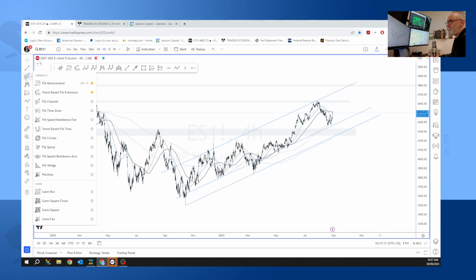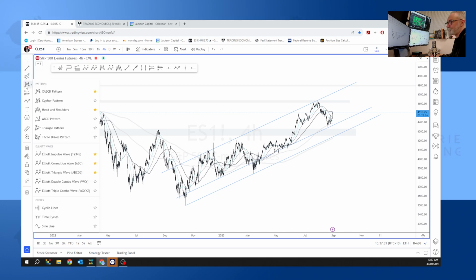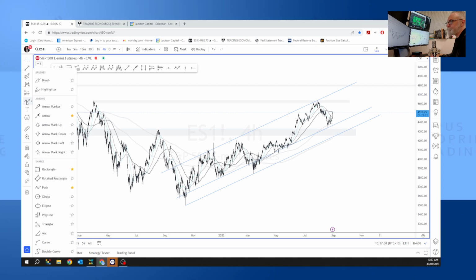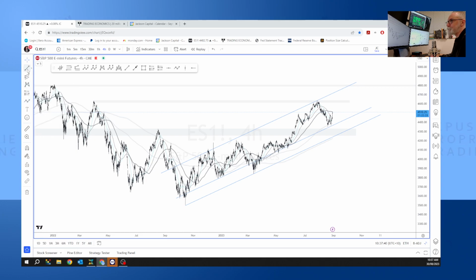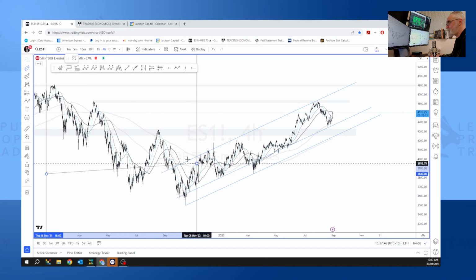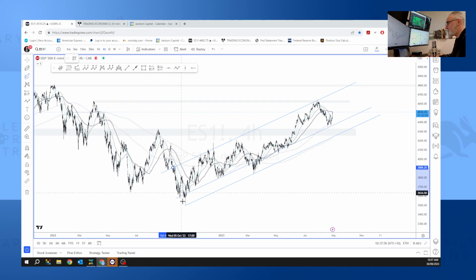Let's find a linear regression. Where's our linear regression tool? Here we go. Regression trend parallel. You can do parallel channels. Let's just do regression. Whoops. In here. No. Oh, sorry. Let me just do that again.